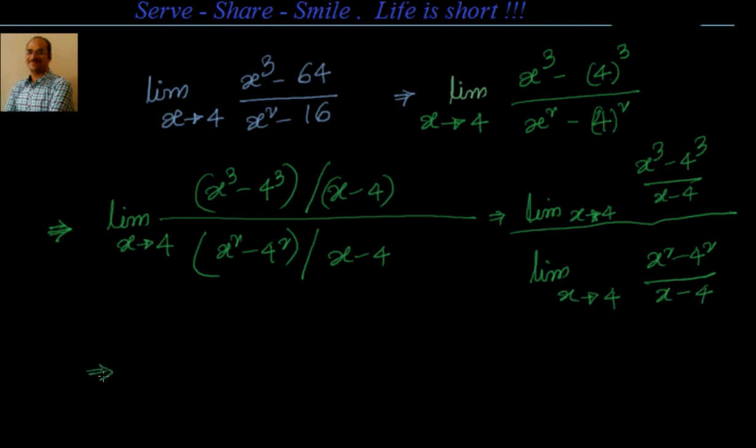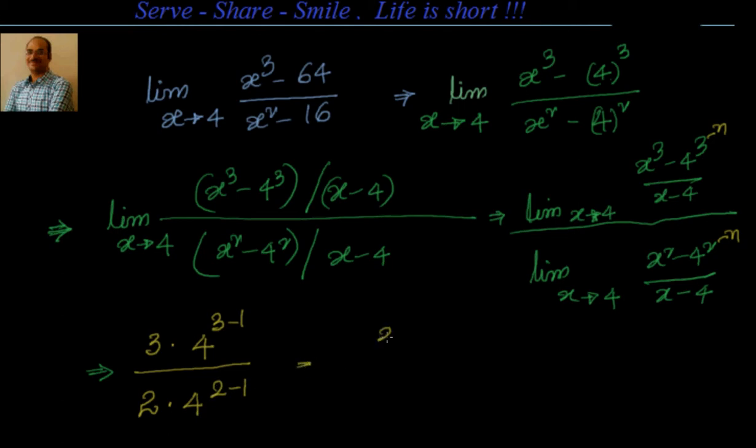Now if we substitute in the formula, we know the formula is n into a to the power of n minus 1. So n is equal to 3 here and 2 there. If I take the numerator, this is nothing but 3 into 4 to the power of 3 minus 1, divided by 2 into 4 to the power of 2 minus 1.